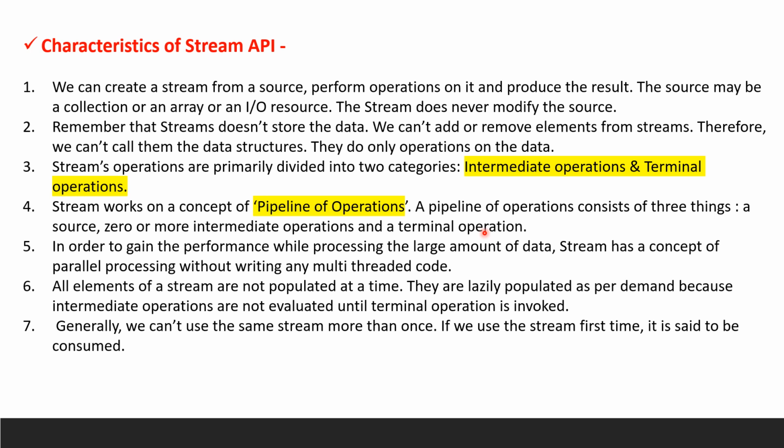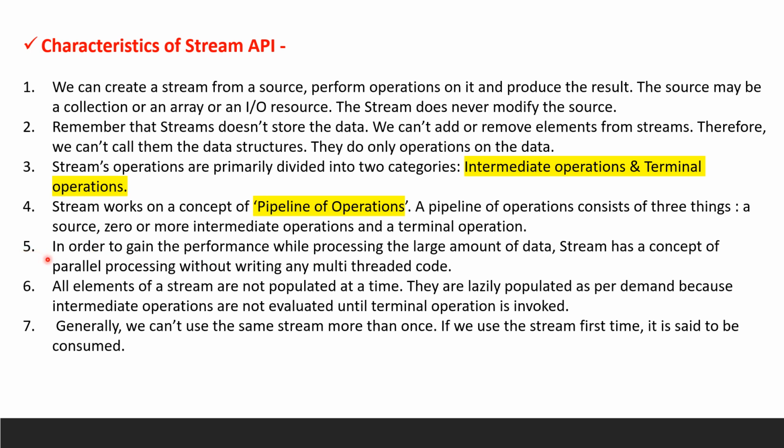Every concept works on a certain idea, and here stream works on the concept of a pipeline of operations. So there is a source input, zero or more intermediate operations, and the last one is a terminal operation. We'll see in the next slide what intermediate and terminal operations are.